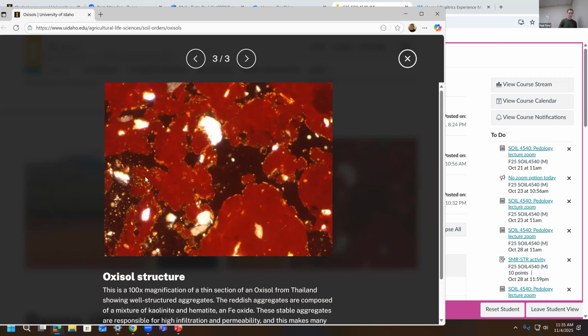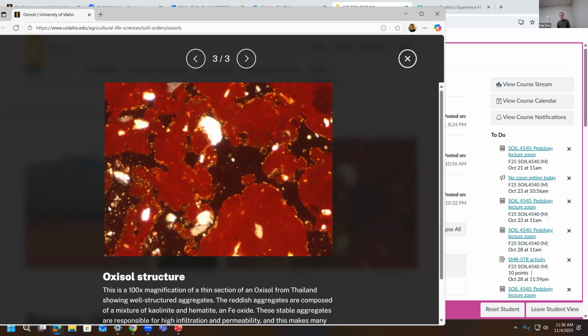I find myself really fascinated by this whole field called soil micromorphology. So our skills in the pedology class are the texture, the color, the structure, the soil properties that we can see and describe with our hands and our eyes in the field. There's a whole subfield within pedology of micromorphology, so putting soil under a microscope like this and describing the features of it.